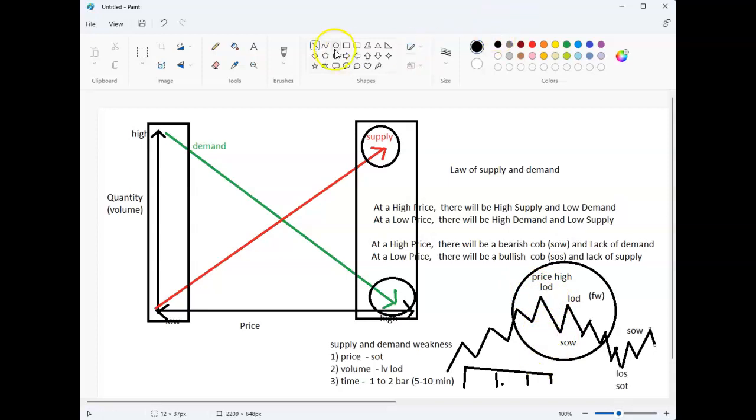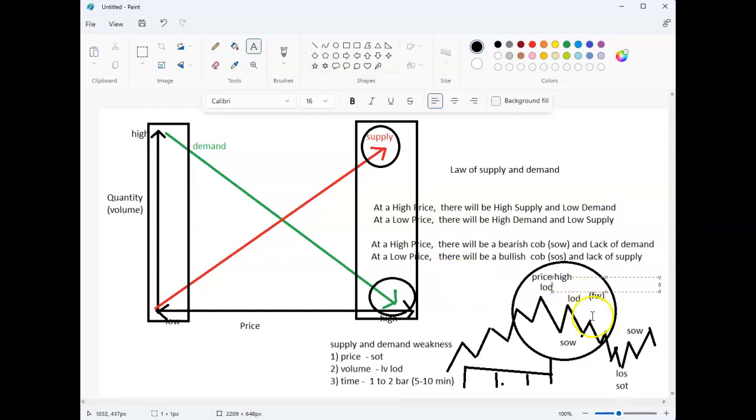The other thing is, instead of seeing this, you might get this big volume right here. That means that this is not an expression of demand. It is actually your climax, which is just an expression of supply. All right.